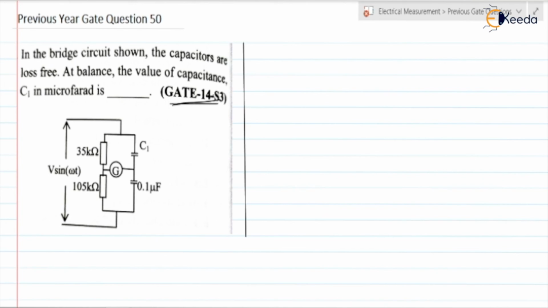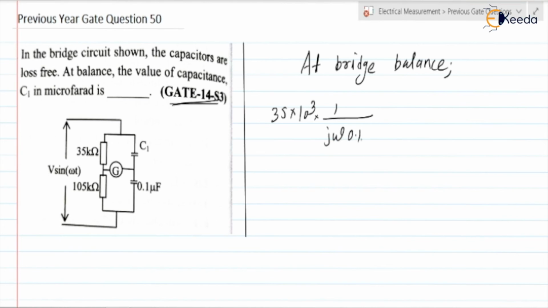Here we are having the bridge. So we can write, at bridge balance, 35k, so it is 35 into 10 to the power 3, into the impedance of this 0.1 microfarad capacitor, so it is 1 upon j omega into 0.1 into 10 to the power minus 6, is equal to 105k, 105 into 10 to the power 3, into C1.